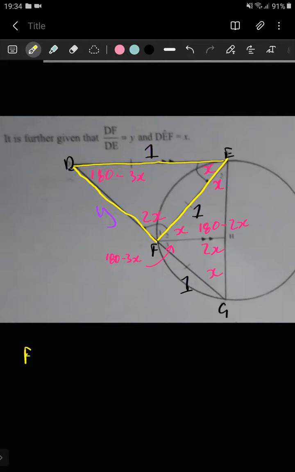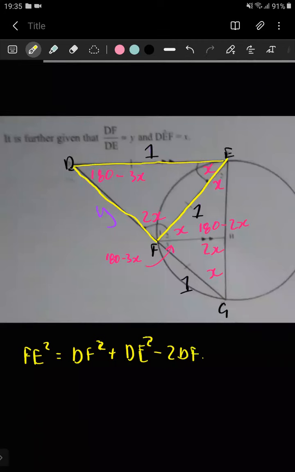So here you'll have to say FE squared is equal to DF squared minus DE squared. Is it plus or minus? Oh, I feel like I'm forgetting the formula here. No, you have to think of Pythagoras. A squared, yeah, it's a plus here. I always think of Pythagoras. So here it's going to be DF, DE, and then cos of the angle D.